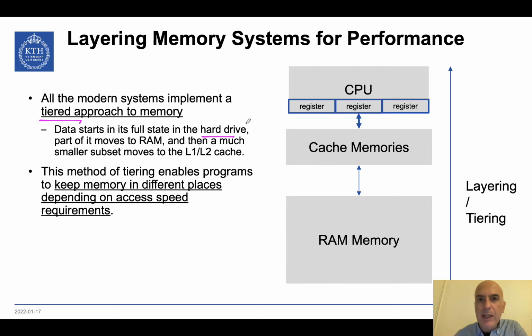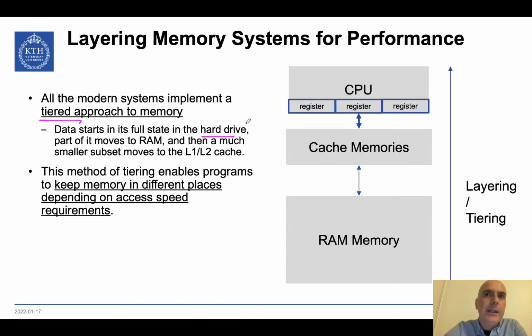So this method allows us to have efficient programs, following the principle that we keep data in different places depending on the access speed and requirements. What do I mean by that? If I have data that I keep reusing, like for instance part of an array that I keep doing computation on, we want that data on the fast memory because we use it a lot.